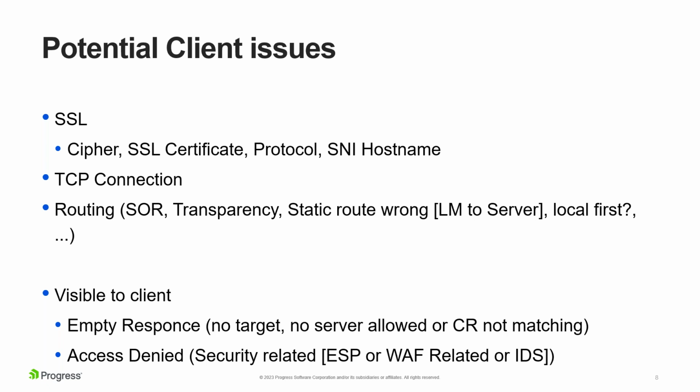And the second visible thing for the client would be access denied. So that could happen, of course, based on security. So there might be ESP enabled, so I need to have a certain host name and a certain directory. If you come with something else, 403, access denied, go away, right?